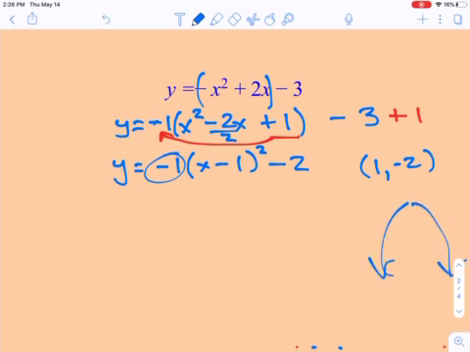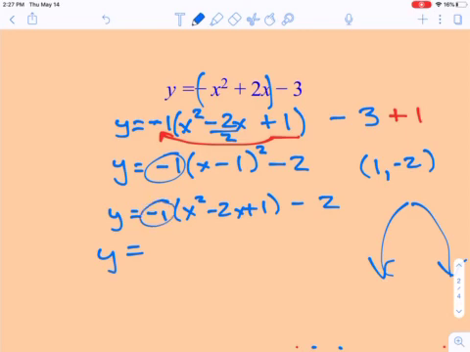Real quick, let's expand this out and see if we wind up with our original equation, just to show you that this does work. So I've got my negative 1, and then this gets me x squared minus 2x plus 1, and then I have my minus 2, and then this negative 1 basically takes this whole thing and changes all the signs.